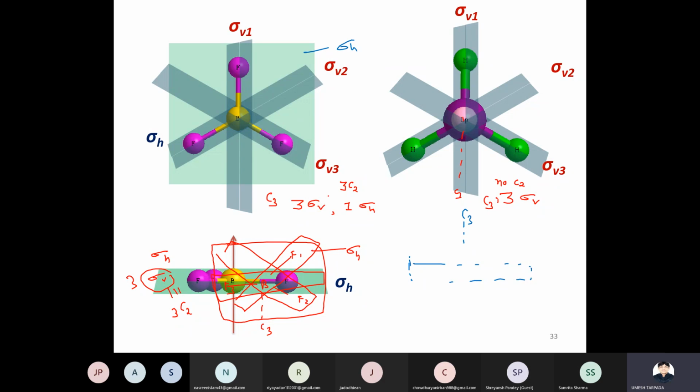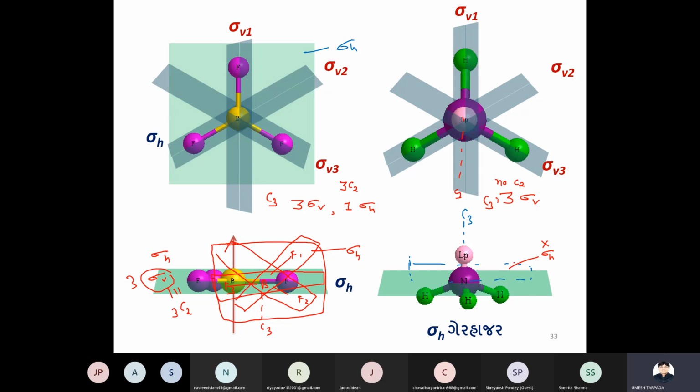Of course, 3 sigma V is there in BF3, but in NH3 there is no such 3 sigma V. This is the molecule. Look here. This is a C3 axis. You cannot take sigma H here in this way. You cannot take this plane.